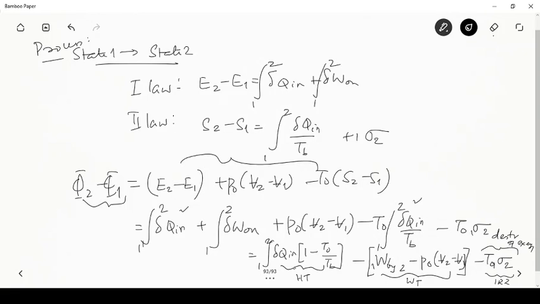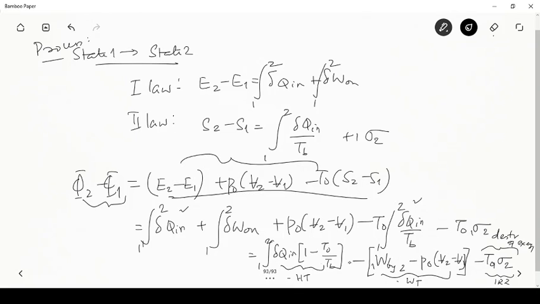So this is exergy transfer during the process due to heat transfer. This is the exergy transfer during the process due to work transfer, and this is the destruction of exergy due to irreversibility. So these three constituents contribute to the change in exergy from state 1 to state 2, which is basically defined like this.